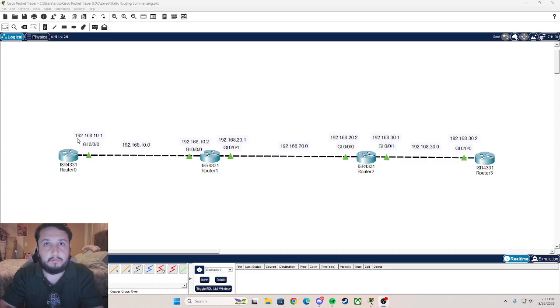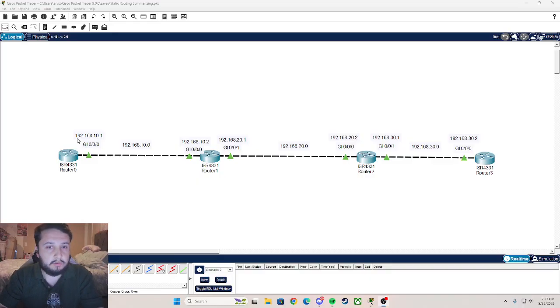I have an IP of 192.168.10.1, and router one is going to be on the same 192.168.10 network. The second network between router 1 and router 2 is 192.168.20. And the third network is 192.168.30.